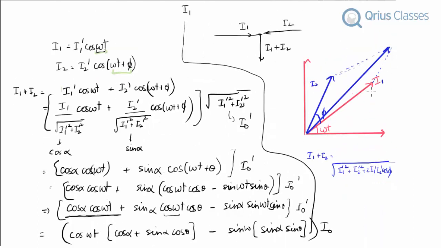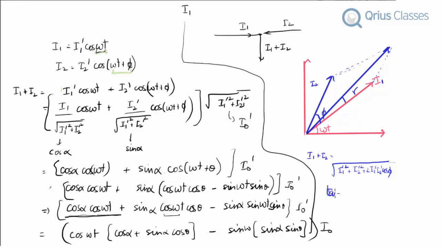And what will be the phase of the final vector? The phase will be omega t plus the angle made with I1. So what is the angle made with I1 by the resultant? Suppose this is angle alpha, or we've already used alpha, so let's say this is angle gamma.